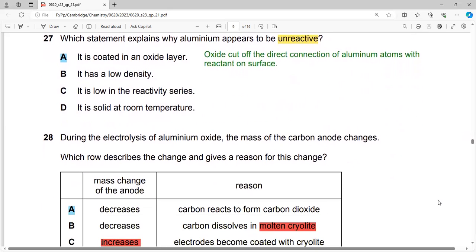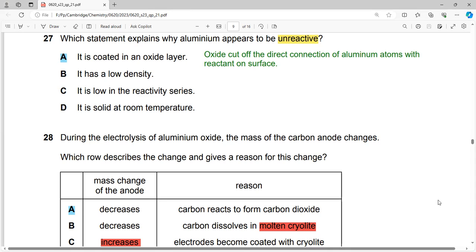Question number 27. Which statement explains why aluminium appears to be unreactive? The more important thing here is that it is unreactive, which means it is completely not reacting. Option 1, it is coated in an oxide layer. Sometimes the outer surface of aluminium gets tarnished by aluminium oxide.